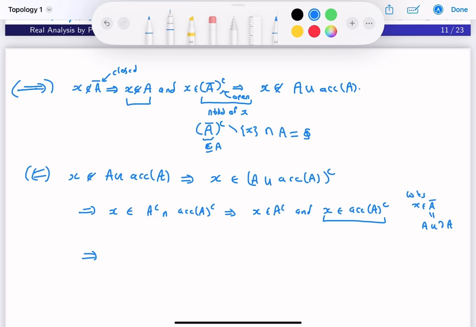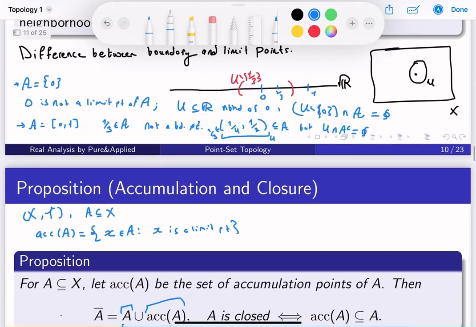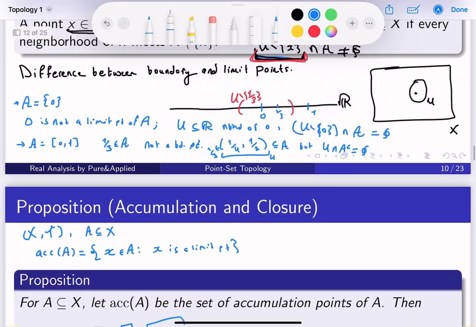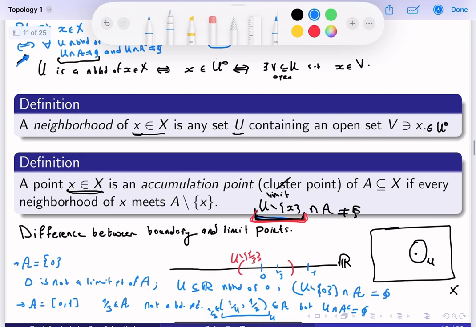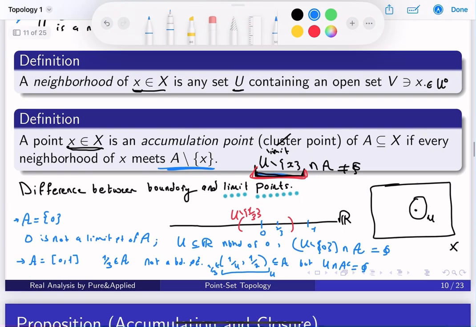This thing means X is not a limit point. This is the same thing as saying that there is a neighborhood that violates the property needed to be a limit point, right? Violates this property that every neighborhood must have the property that if you delete x from it, it still intersects A.